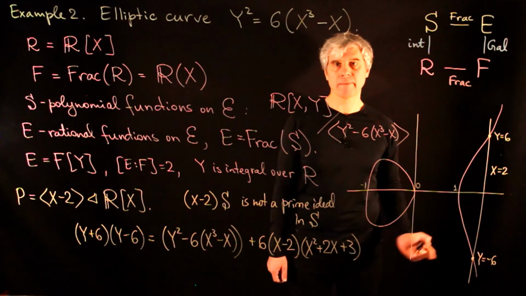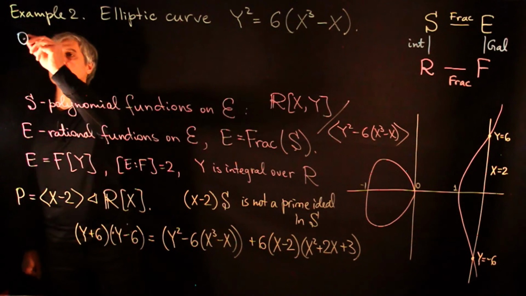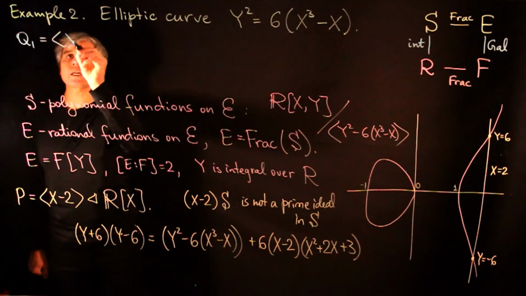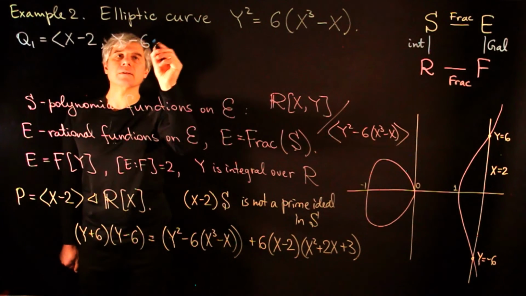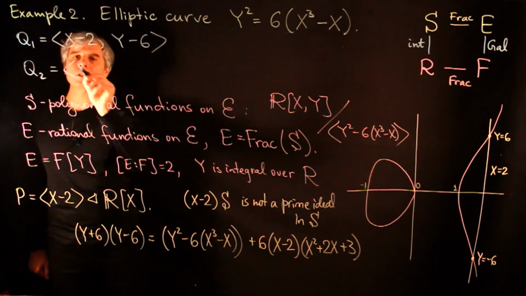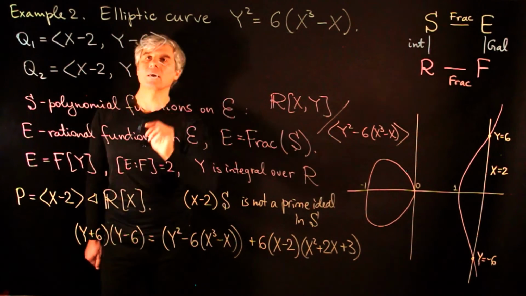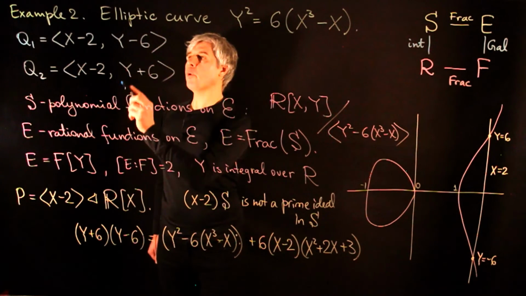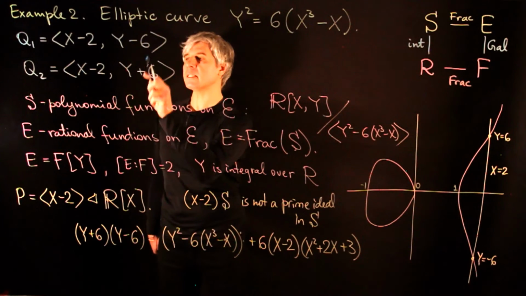So to get a prime ideal in S containing x minus 2, we need to remove one of these 2 points. The first prime ideal lying over x minus 2 will have generators x minus 2 and y minus 6. And the second ideal will have generators x minus 2 and y plus 6. The first ideal corresponds to the point on an elliptic curve with coordinates x equals 2, y equals 6.